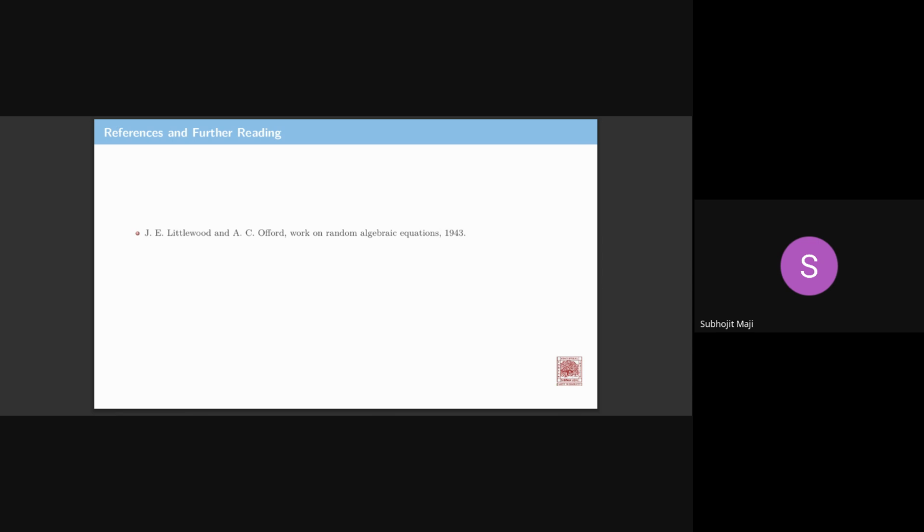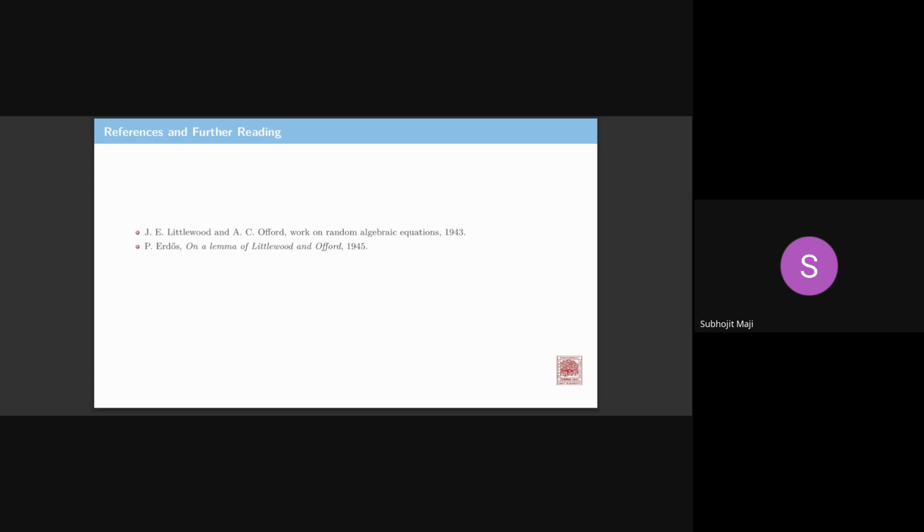That is called the random zeros of polynomials. That's a bit higher in knowledge; you would require a lot of prerequisites to understand that paper. But yeah, this one you can definitely go through: Littlewood and Offord's paper, work on random algebraic equations.